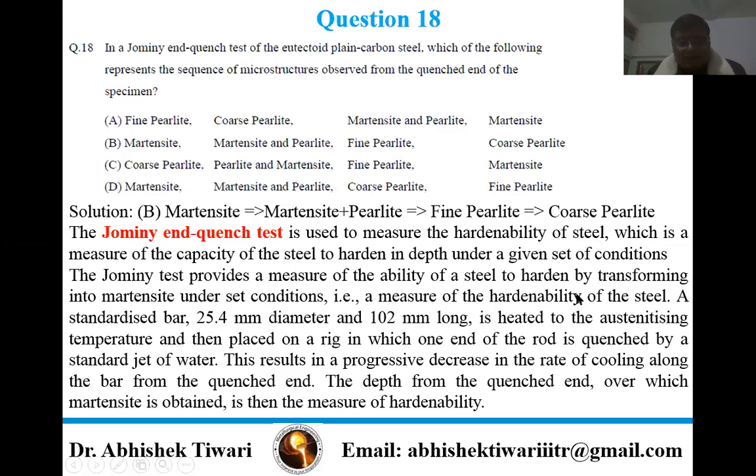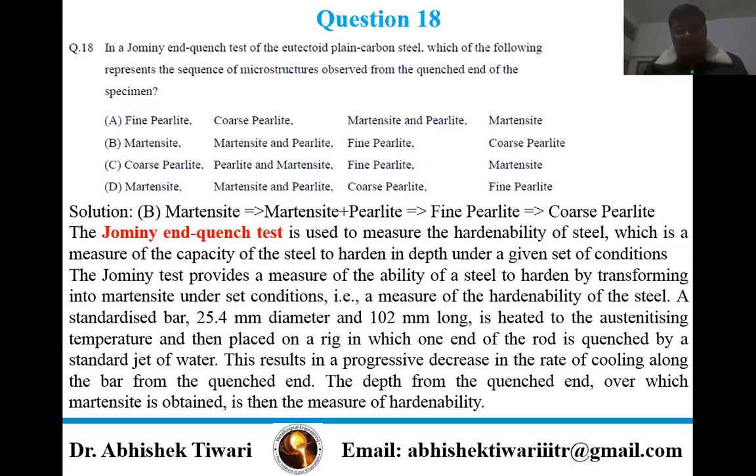That is a measure of hardenability of the steel. A standardized bar that is 25.4 millimeter diameter and 102 millimeter long is heated to austenitizing temperature and then placed on a rig in which one end of the steel rod is quenched by a standard jet of water.